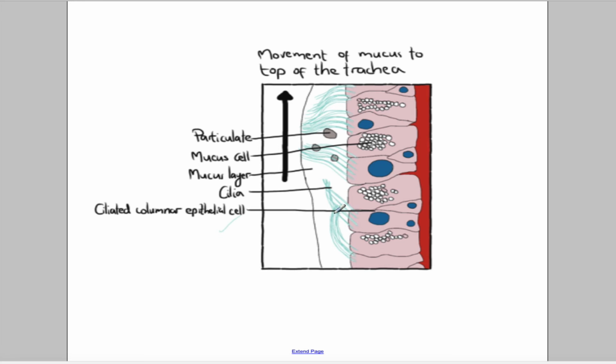So that process of pushing the mucus up to the top of the throat will stop for up to something like 40 minutes. So if somebody was to have a cigarette every 40 minutes during the day, which I don't think is that unusual for some people, then their cilia would go all day without cleaning the lungs, without pushing these particulates up and out. And if there are microbes, if there's bacteria in here trying to grow, that gives them a really great opportunity to get a foothold and start growing.